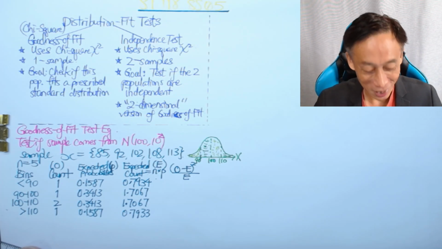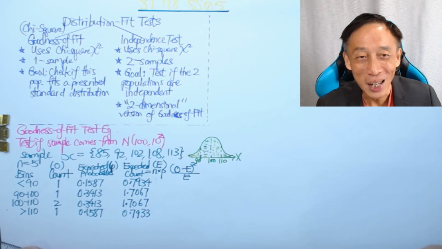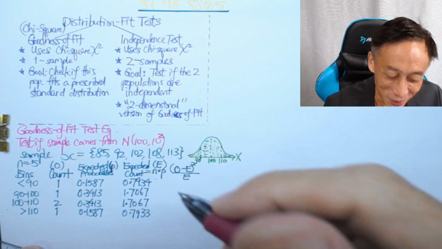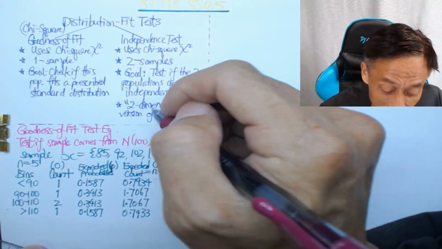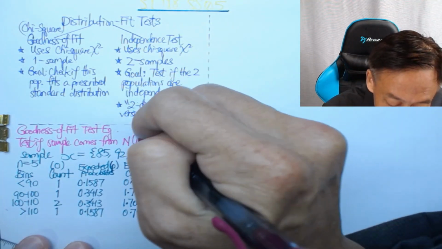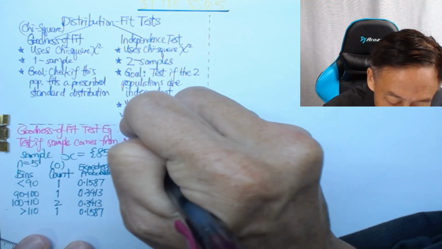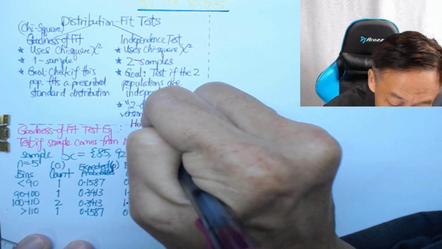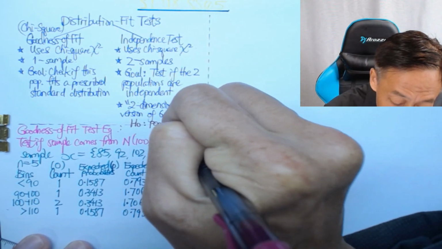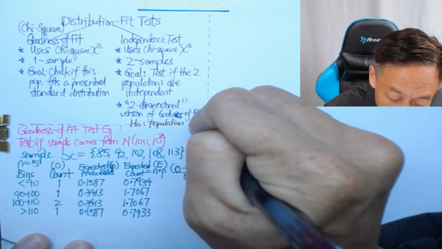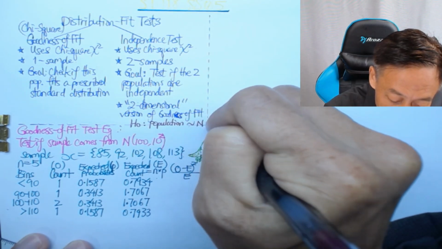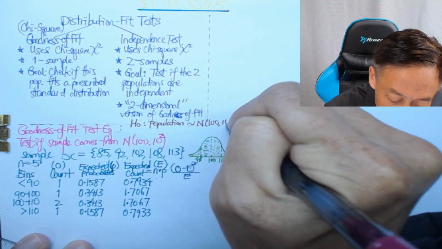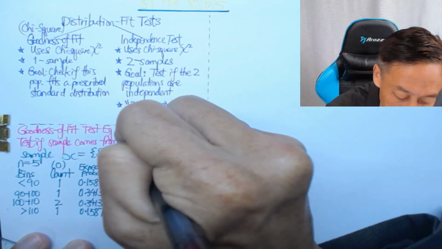I'm asking the question you're asking. So what is the hypothesis? We haven't written down, but not difficult. So we start with the standard hypothesis. H naught is population follows normal distribution with a mean of 100, standard deviation of 10.